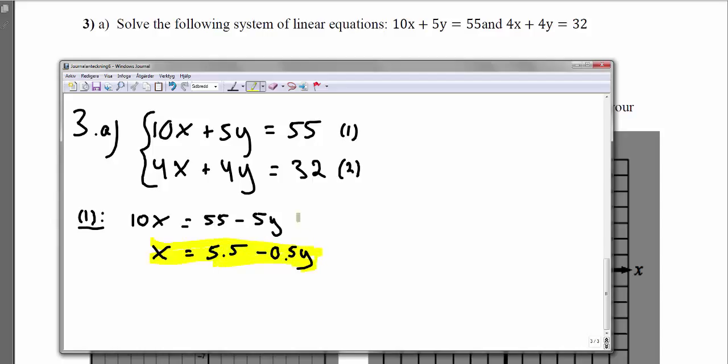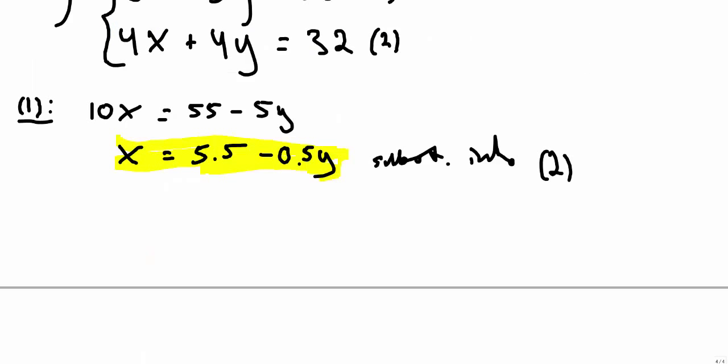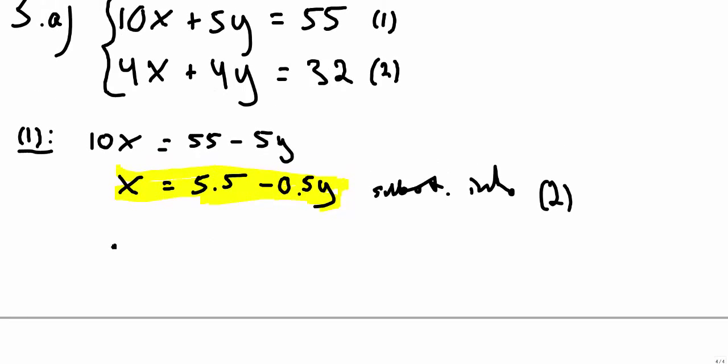So I'm going to substitute this into 2. So I'm going to substitute this into equation number 2.